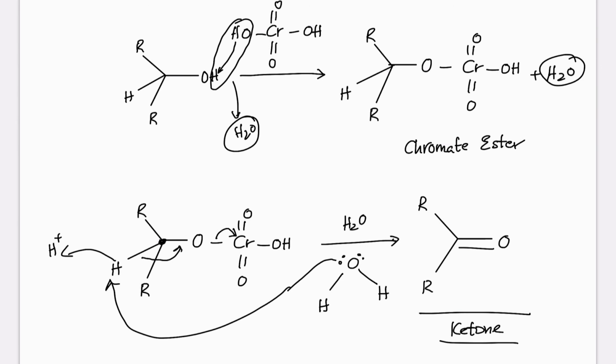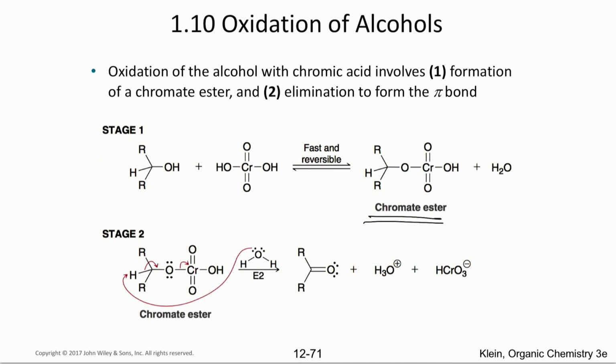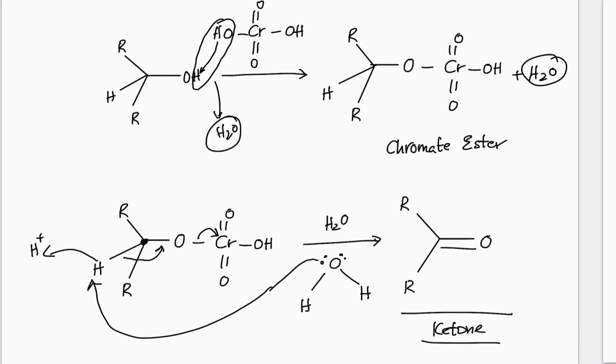This is how you get your final product. So this is your final product for the reaction, and you end up with H3O plus and hydrogen chromium trioxide. So this is the final product where you end up with a ketone. So this is an E2 reaction, or elimination 2 reaction.